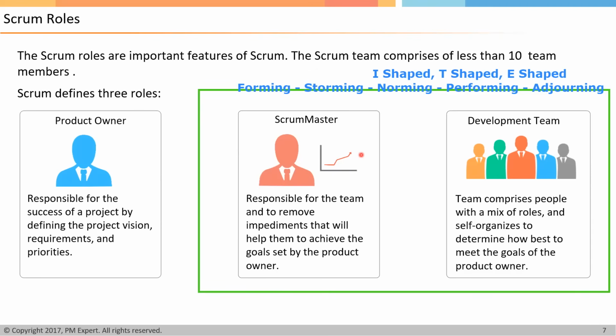For example, you saw various events within the sprint, like sprint planning, daily stand-ups, sprint review, and retrospective. Now, how should these events be properly conducted? The Scrum Master can coach the team. For example, the daily stand-up meeting is time boxed to 15 minutes.